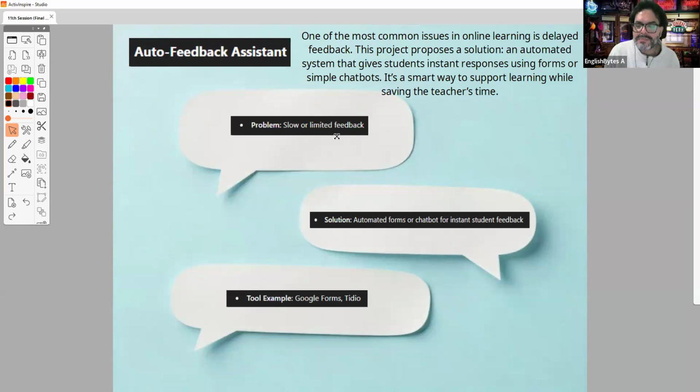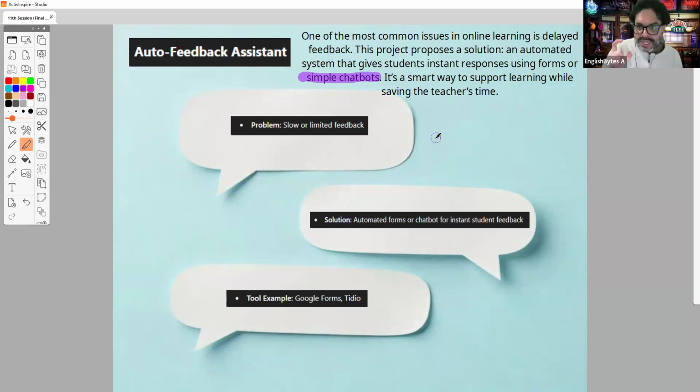But what happens sometimes as a teacher, you forget to give them feedback at the right moment. Sometimes you don't have the chance to give feedback in the way you really want to. Well, you can try to create an automated system that gives students instant responses using forms or simple chatbots.